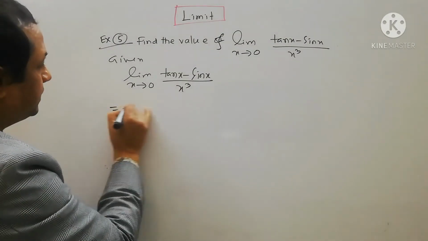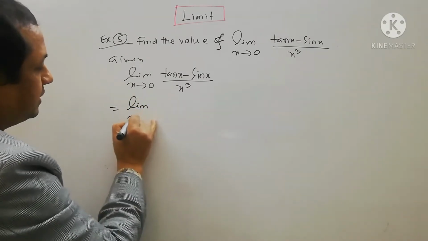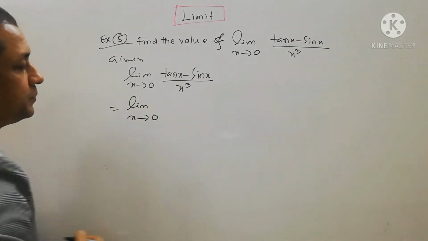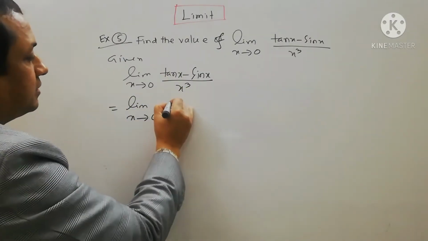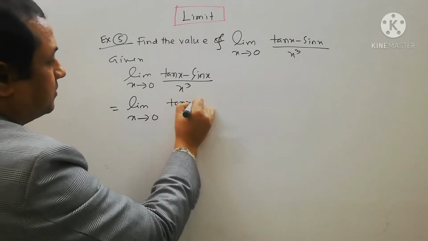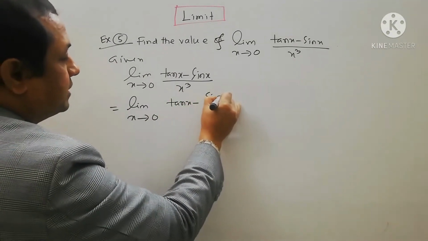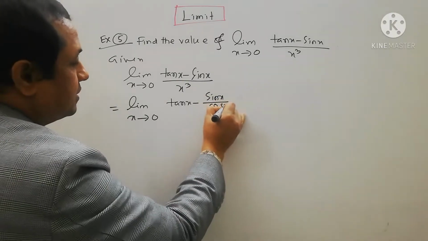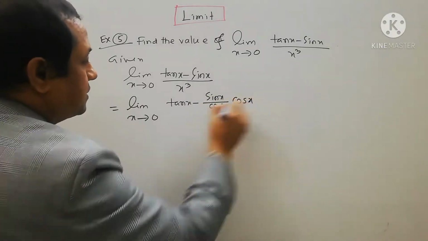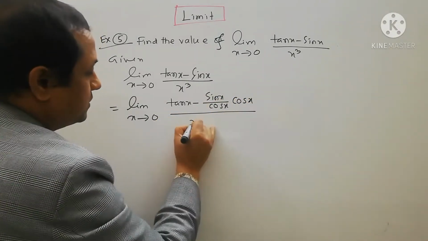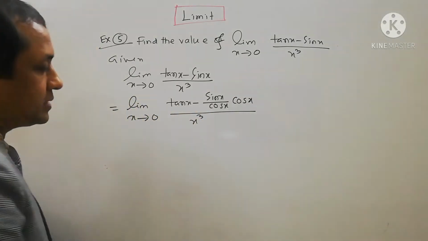Now we can write limit x tends to 0, tan x minus sin x by cos x into cos x, then the denominator is the same, x cube.